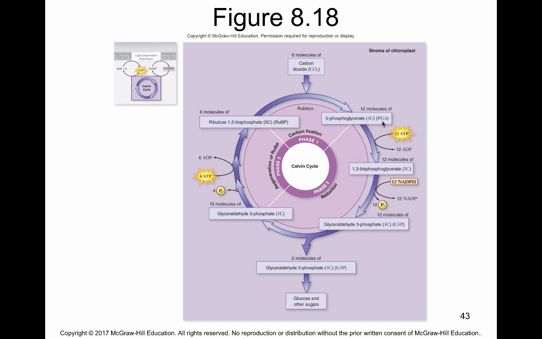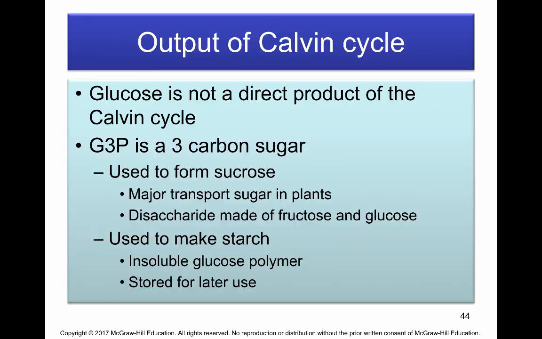So here we have PGA. PGA gets phosphorylated into biphosphoglycerate, then it gets reduced into G3P. Once G3P is produced, it will either become glucose, and it takes 2 G3Ps to become a glucose, or it's going to go back here to be converted or regenerated into RuBP.